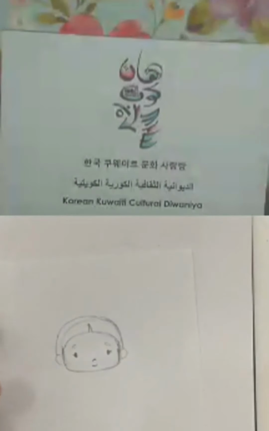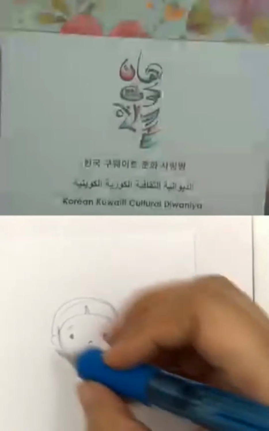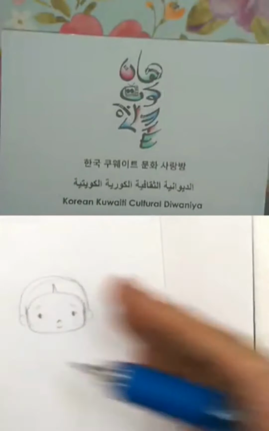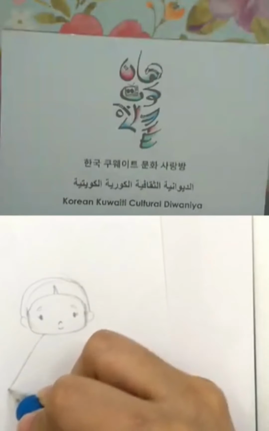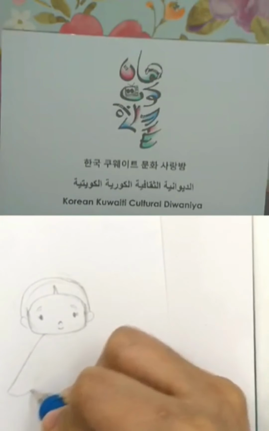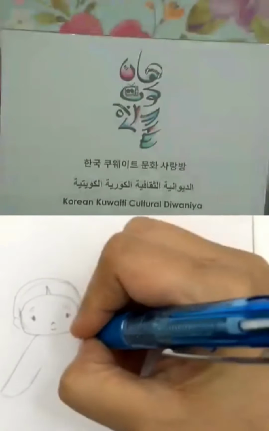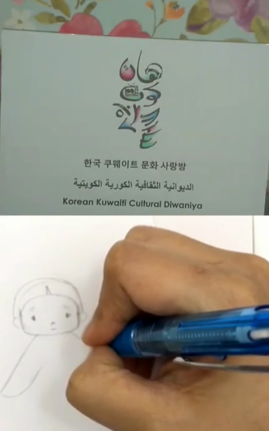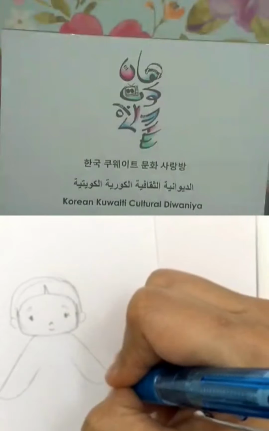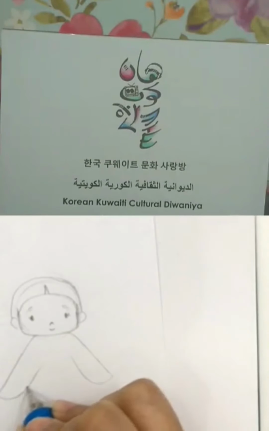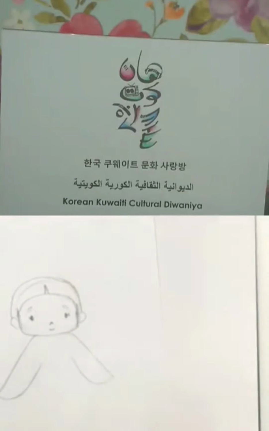Okay, and then we're going to make the sleeves. We're going to make the hands go wider because in a Korean hanbok, the sleeves have a different shape. So we're going to make 1, 2. See this curved line? This is iconic in the hanbok.